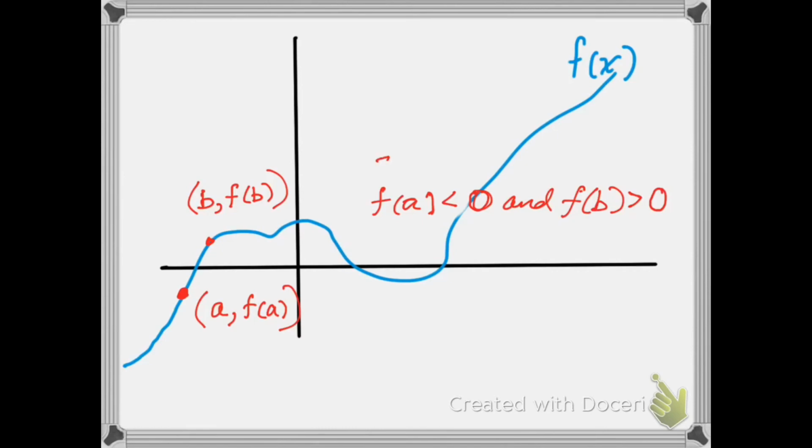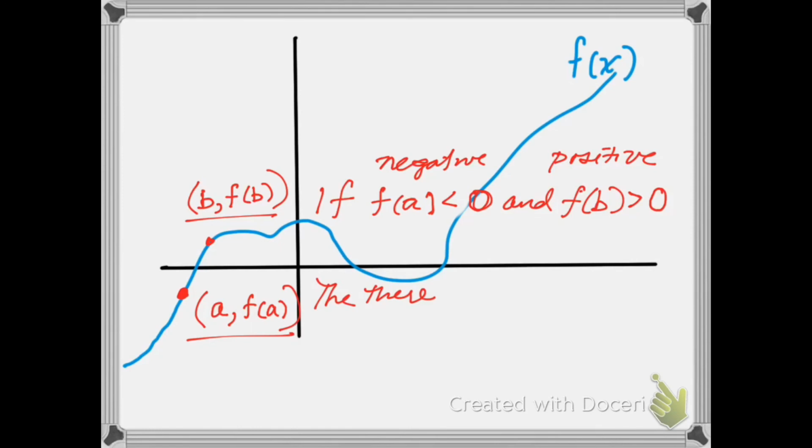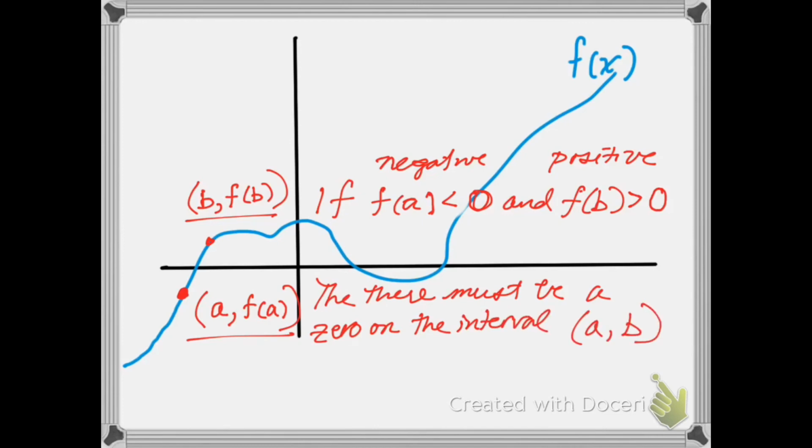So another way of saying it is that this is a negative value and this is a positive value. So if I've got this point A, f of A, and this point B, f of B, I can say if f of A is less than 0 and f of B is greater than 0, then there must be a 0 on the interval AB. That's just interval notation to indicate between A and B. So somewhere between A and B, there must be a 0. There must be an x-intercept.